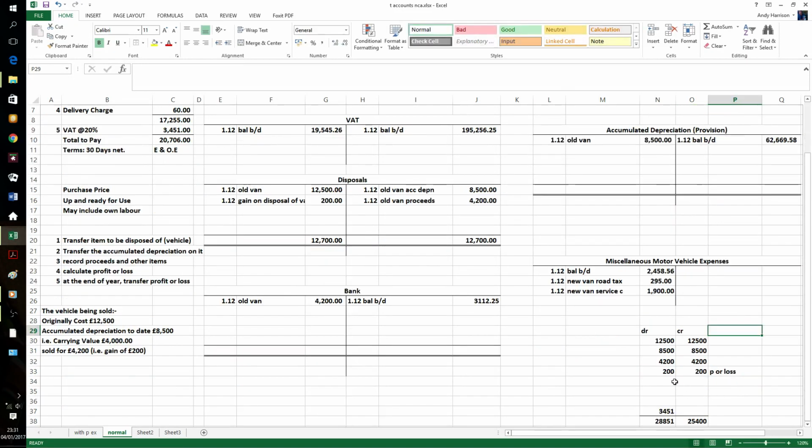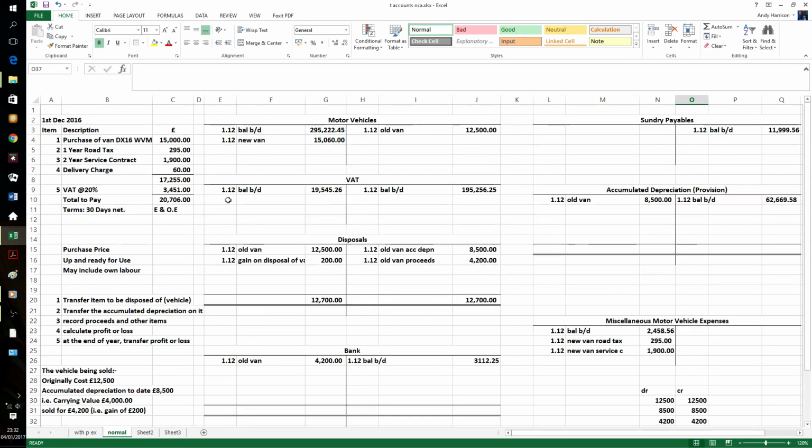So we better put those in then. 15,060. And you can see I've already left the VAT in there from a previous attempt. And the VAT will get balanced off when we do a VAT return.